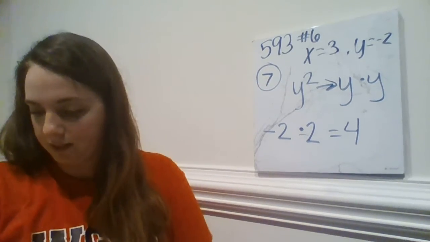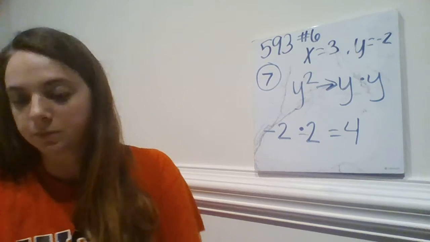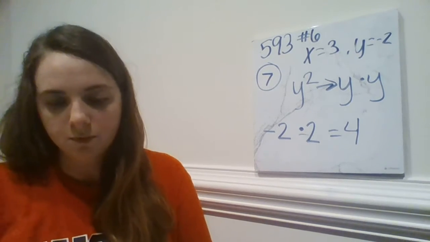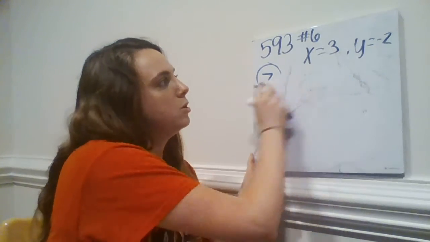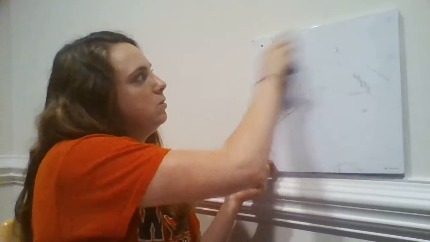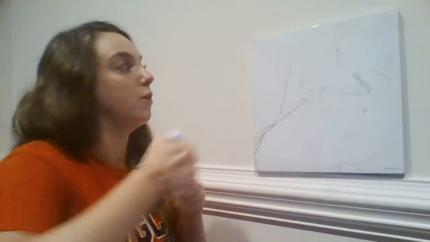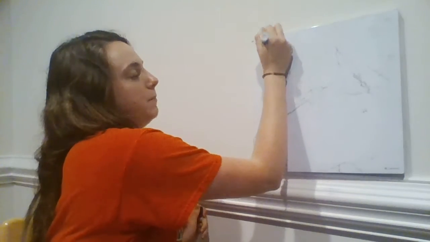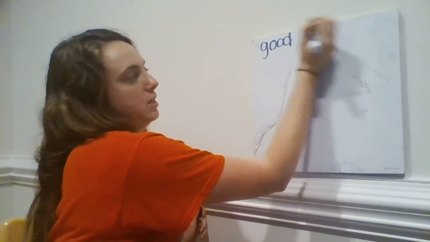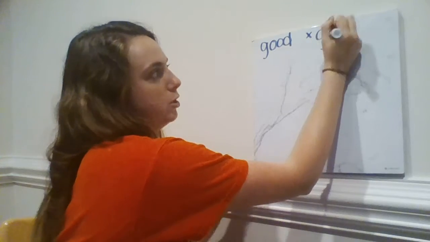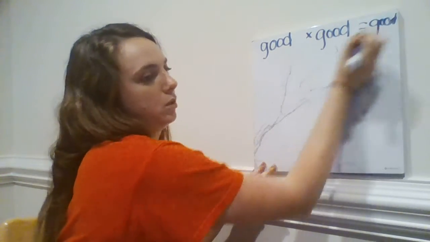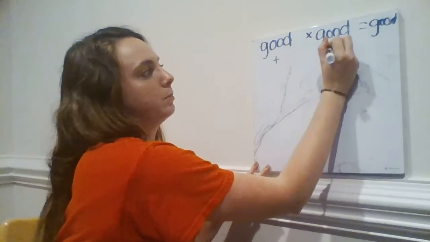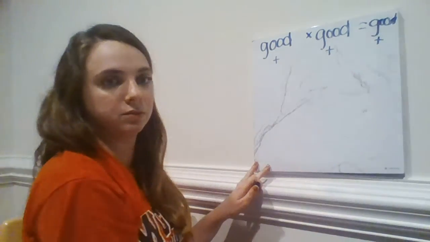So, let's see what else they got for us. That is really it. It's all about knowing your rules. So I'm going to write it out in words here. If you have the easy one that we all know, a good thing happens to a good person, then that's good. So you have a positive, positive is a positive.